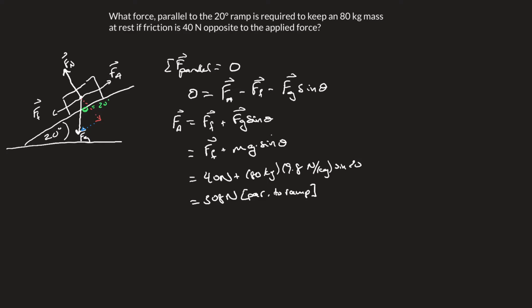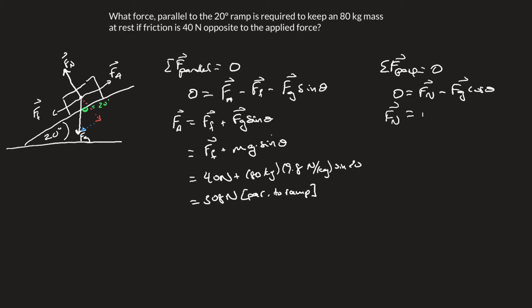We also want to know Fn. If you wanted to solve for Fn, the question just asks for the applied force, but you can take this one step further if you want to solve for what the normal force is. In this case, we're looking for the sum of the forces in the perpendicular direction. So we know that that's 0. That's just Fn minus Fg cos theta.